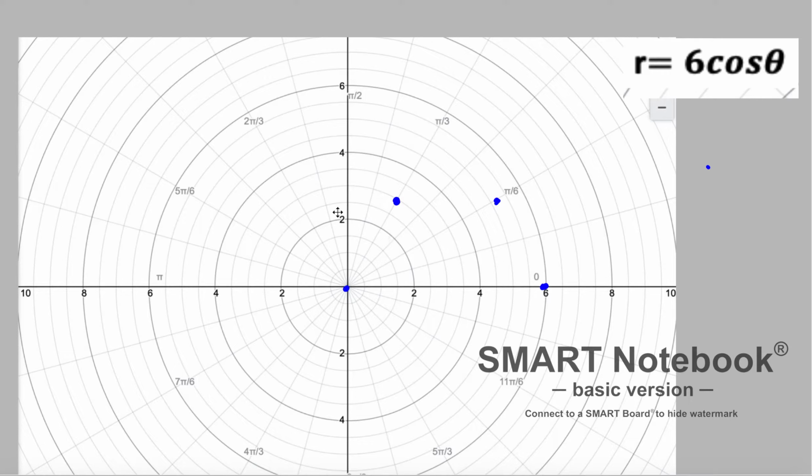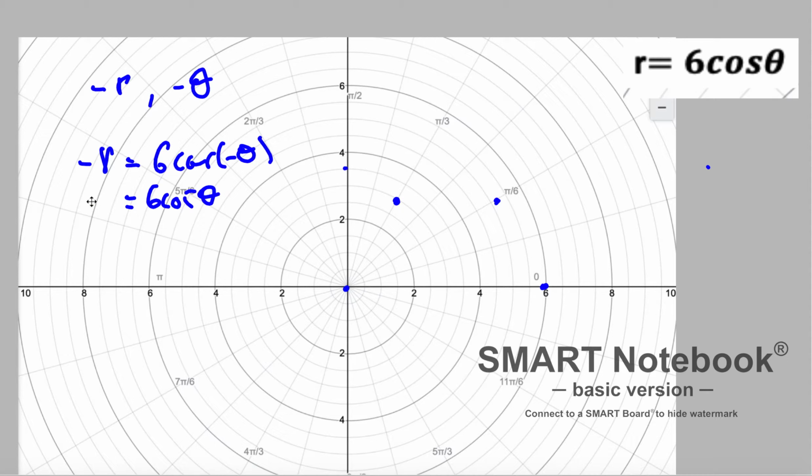But now, let's look at the symmetry. Where is the other part going to be? Is it going to be a symmetrical form of this equation or not? If we take minus r and minus theta and plug in minus theta, this one is not going to hold, because cosine is an even function, so we get 6 cosine theta, but on the other hand we have minus r.